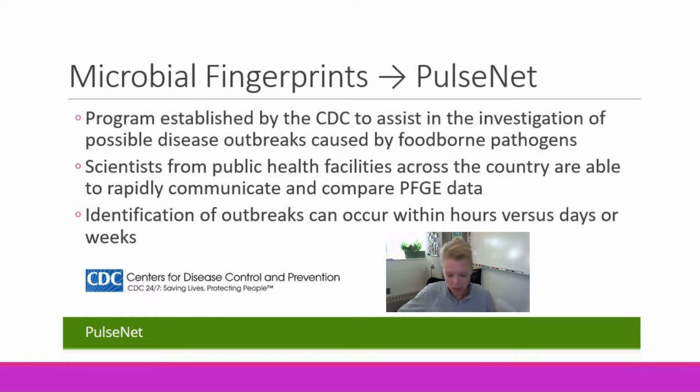When pulse field gel electrophoresis is done, these results are uploaded to PulseNet, and then CDC researchers and epidemiologists can follow these fingerprints to try to pinpoint an outbreak source. And this has really cut down on the time it takes to identify a source from previous methods of data analysis and data acquisition.